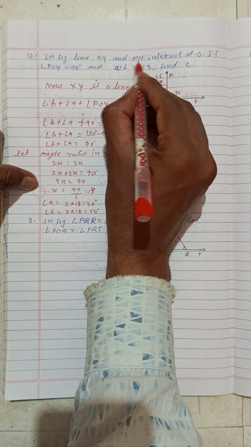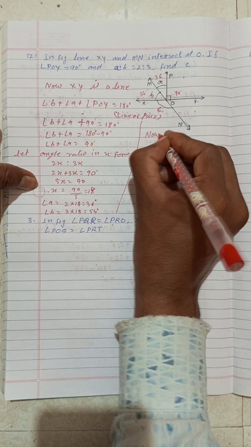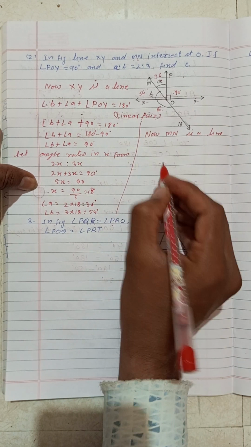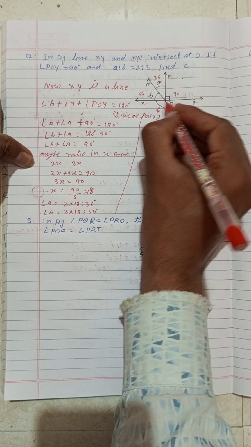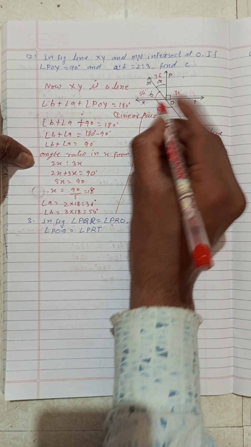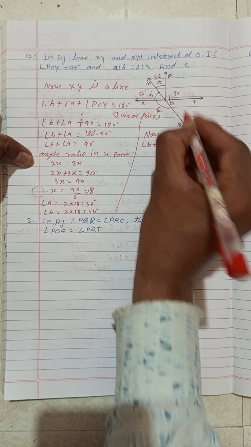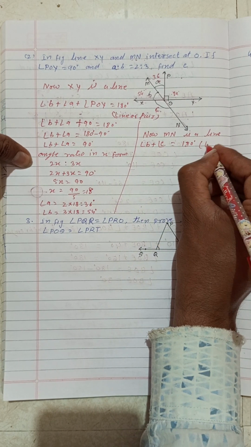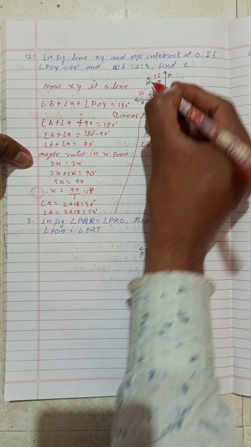Now it is already given, line XY and MN. MN is a line, so all the angles will become 180 degrees. We know angle MOX, otherwise angle B, plus angle XON, which is called C, equals 180 degrees, because of linear angles on a line.